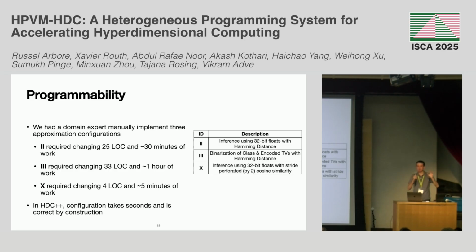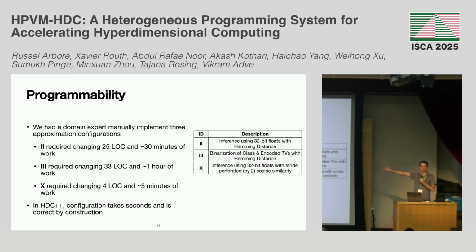The key thing is in HDC++, each of these configurations takes seconds to change the line of code. And also, it's correct by construction. These times also include debugging time for the developer to iterate on the manually coded baseline.